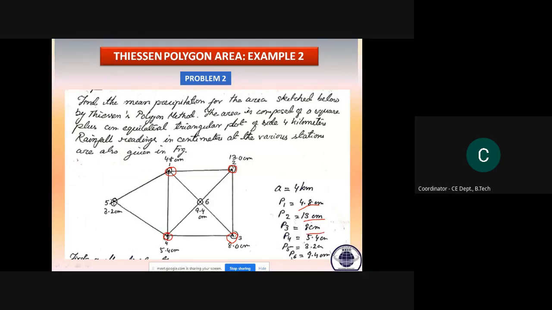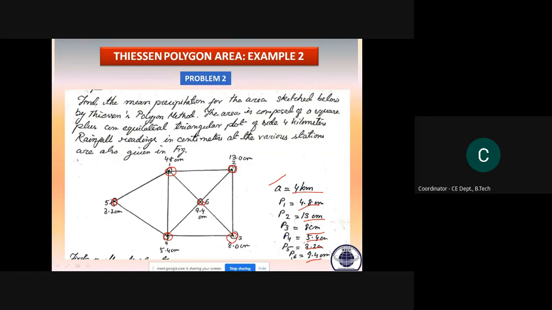P4 is 5.4 centimeter. P5 is 3.2 centimeter. And P6 is 9.4 centimeter. So these are the values they have given, and the length of the line is 4 kilometer. That is, A is equal to 4 kilometer.